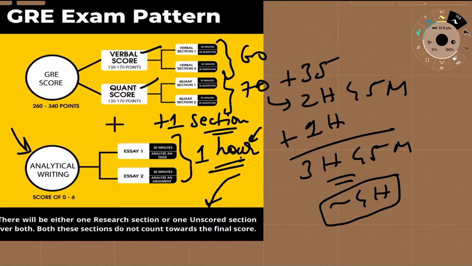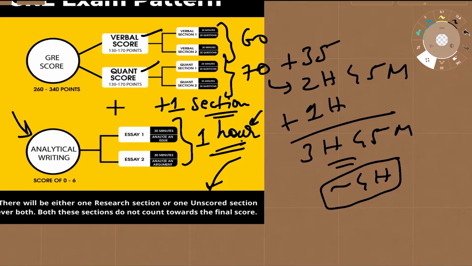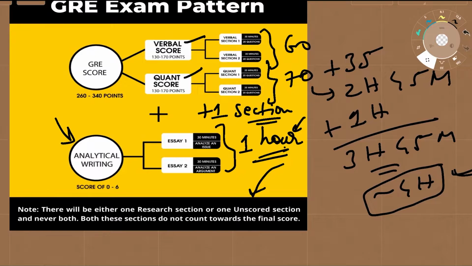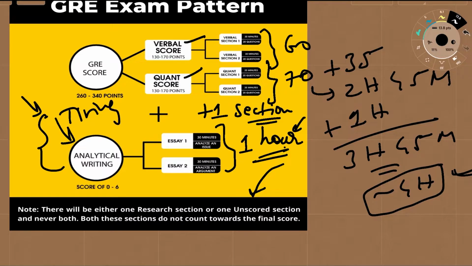Now, the difficulty that I faced is that I don't have the habit of sitting for 4 hours at one place while using 100% of my brain, because you have a limit. And then after that, you get really tired and you start finding it hard to understand the questions. And another thing which probably almost no one mentioned online is that the first part that you have to attempt in your GRE is analytical writing, and you have to write 2 long essays for 1 hour, and that is extremely tiring.